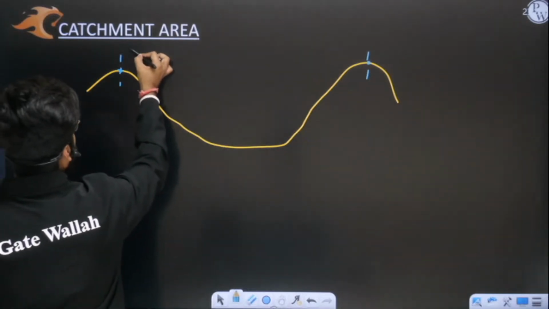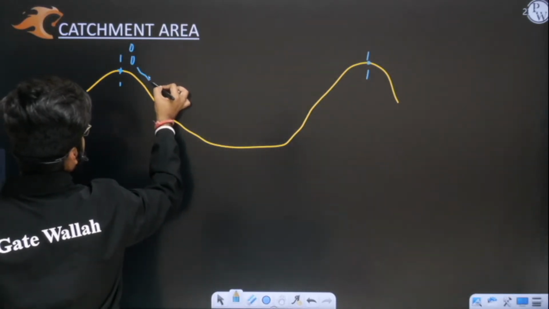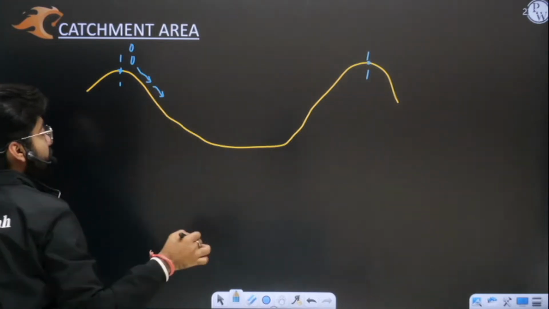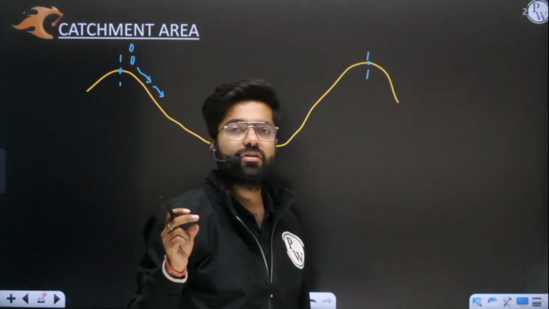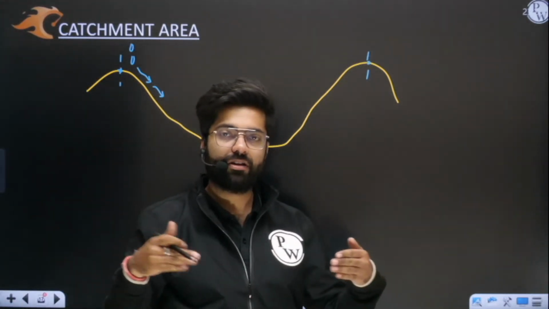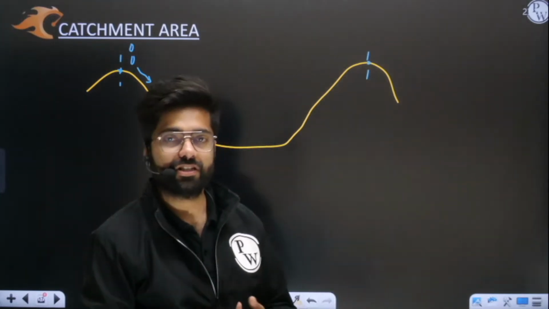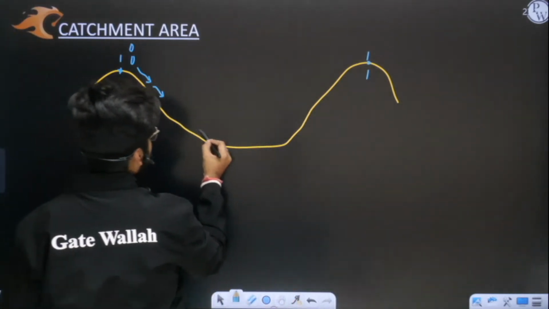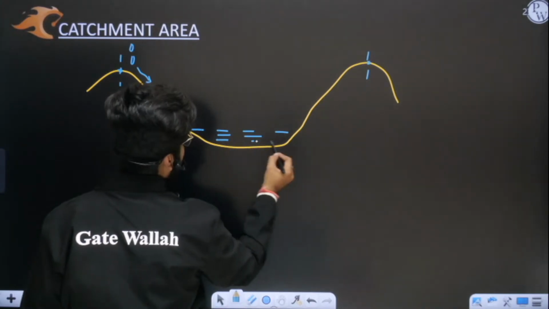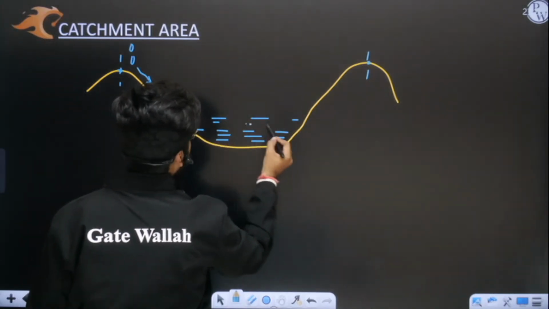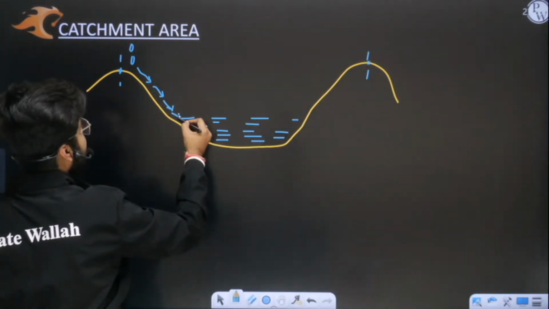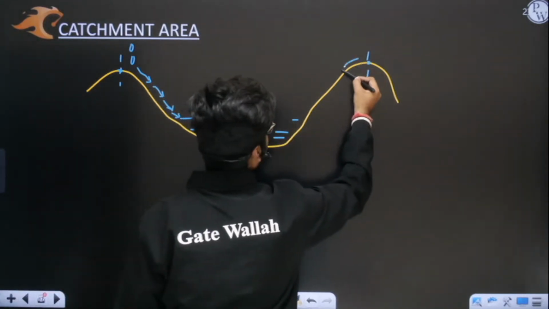Whatever water is falling here will flow through streams, form a network of streams, and ultimately join your lowest river. The river is at the lowest level. So whatever water is falling is ultimately reaching your river only.